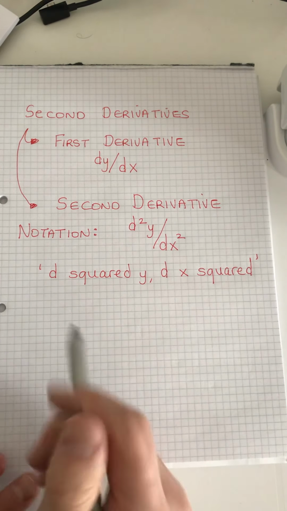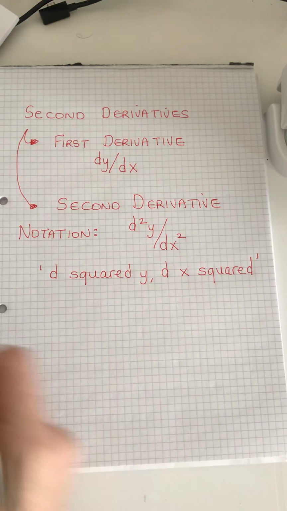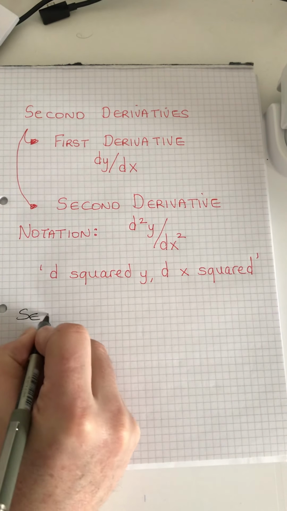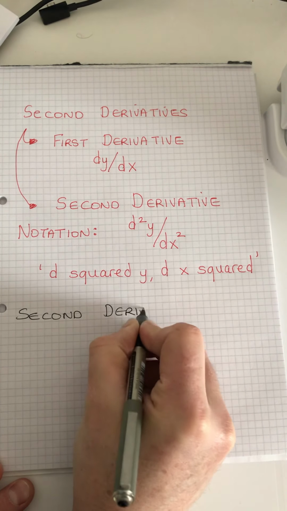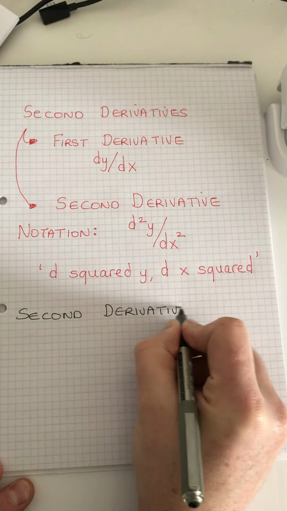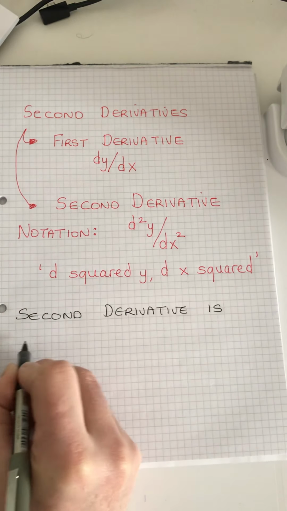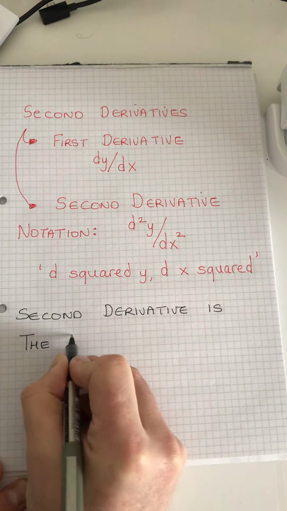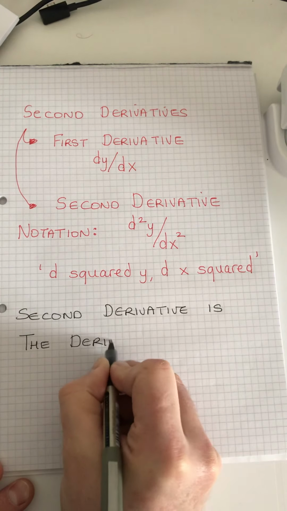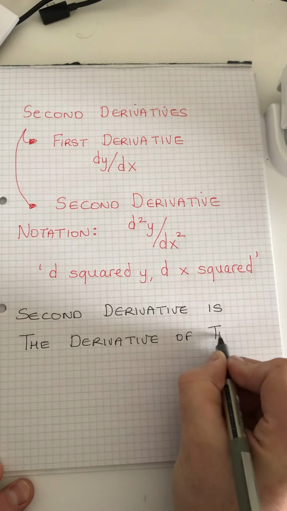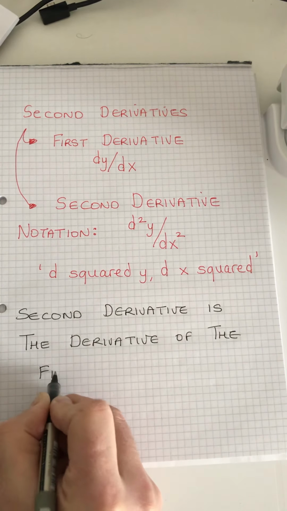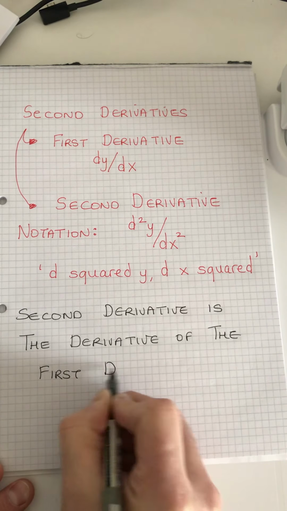And the second derivative, so what does the second derivative do? The second derivative is simply the derivative of the first derivative.